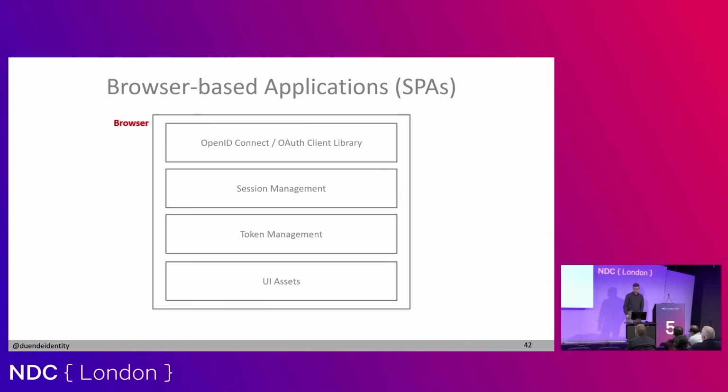This turns out that if we look a bit into history, about 15 years ago, cross-site request forgery emerged as a threat when we were using JavaScript more and more to call APIs.